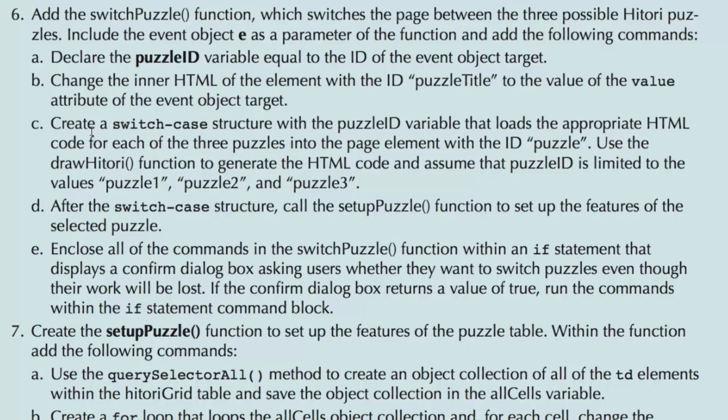In step 6C, we're going to create a switch case structure with the puzzle ID variable that loads the appropriate HTML code for each of the 3 puzzles into the page element with the ID of puzzle. So we'll use the drawHattori function to generate the HTML code and assume that the puzzle ID is limited to the 3 values, puzzle 1, puzzle 2, and puzzle 3.